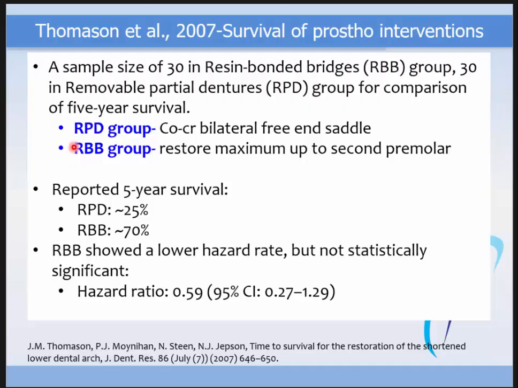Similarly, in the denture group, they provided cobalt chrome dentures to restore the free end saddle. So in 5 years' time, the survival for the dentures is lower compared to the RBB. The RBB shows a lower hazard rate, but it's not statistically significant.